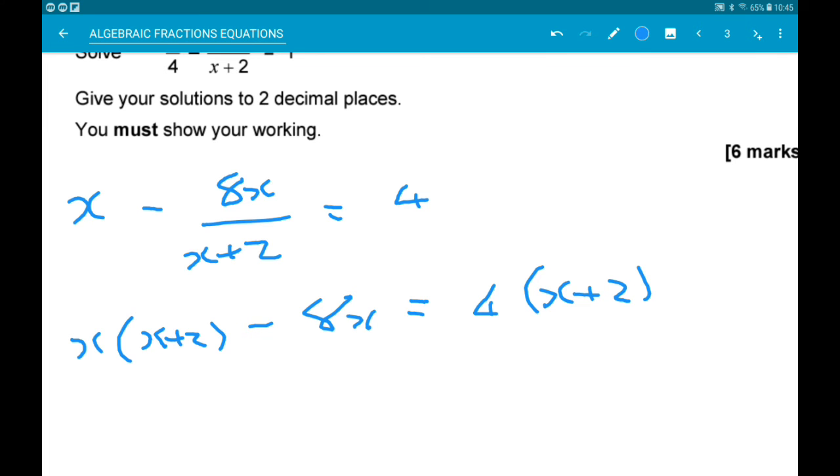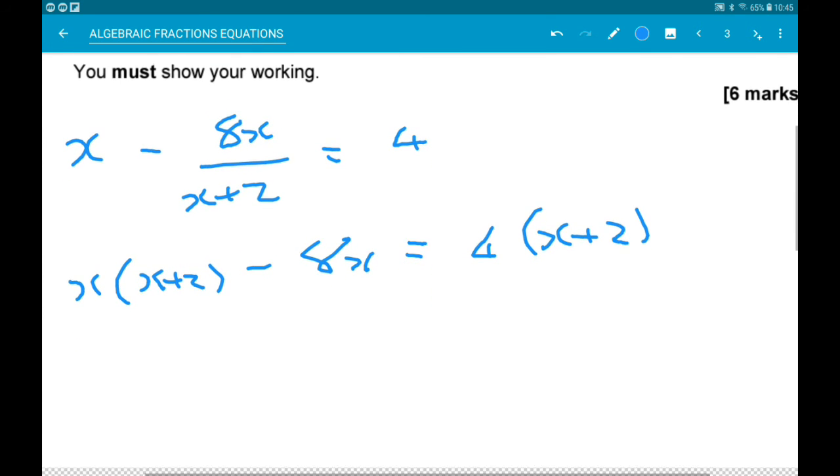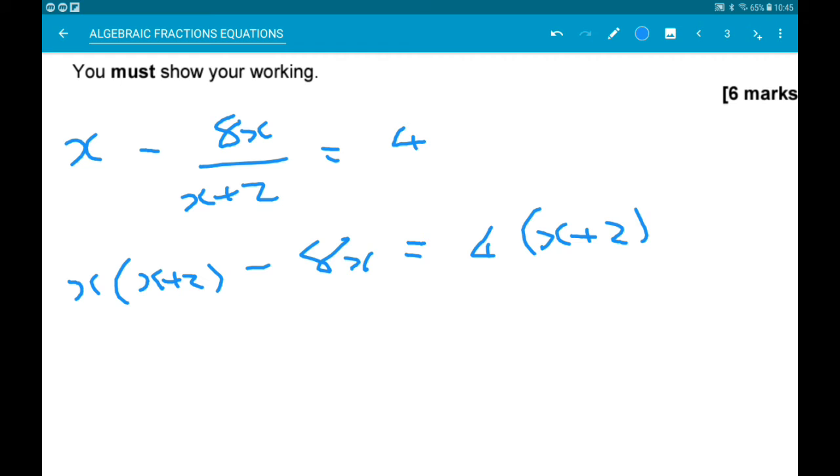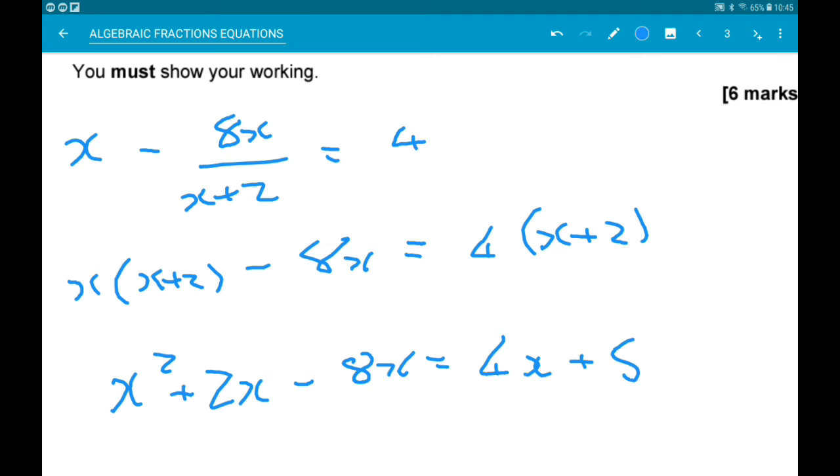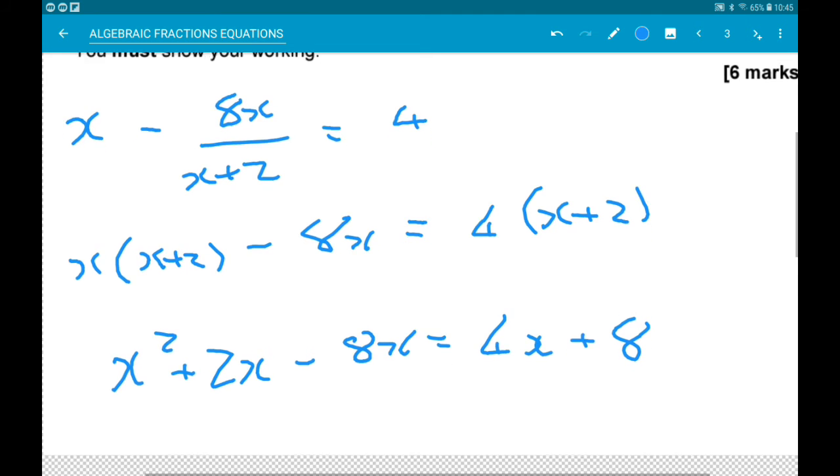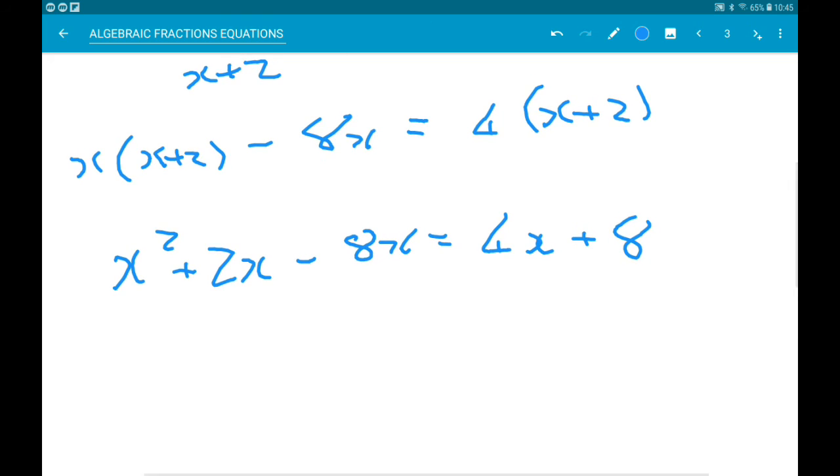Okay, now we need to expand brackets. So x times x add 2 is x squared add 2x. Then we have minus 8x. And on the right we have 4x add 8. Okay, now on the left we have x squared minus 6x.